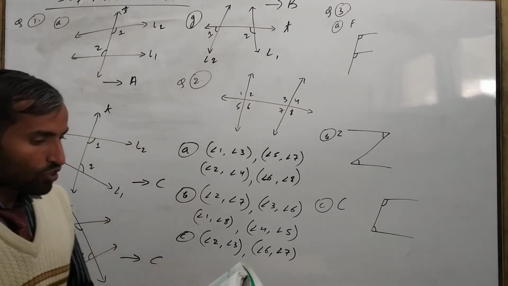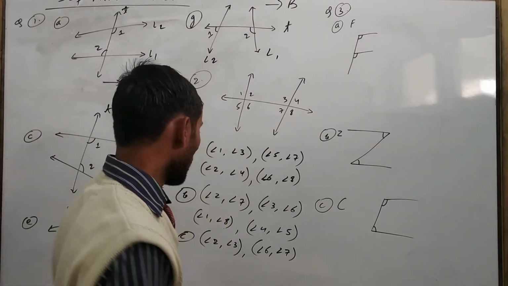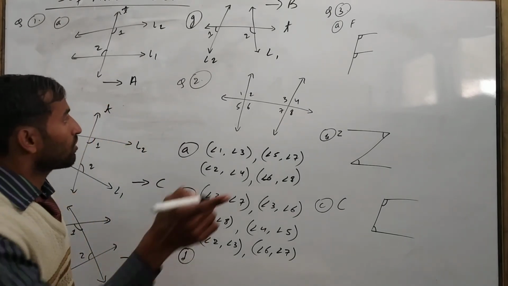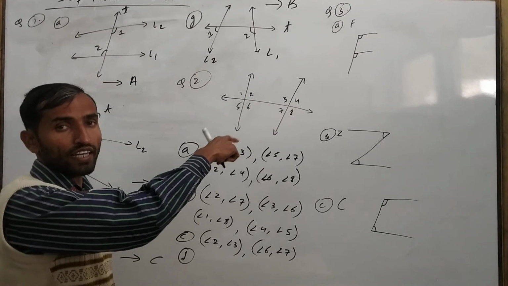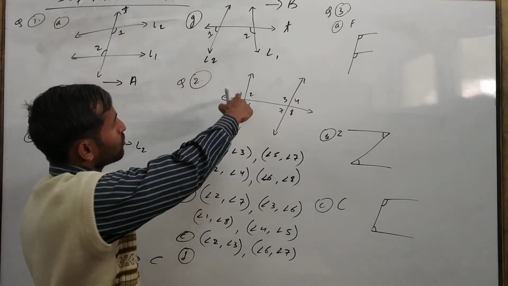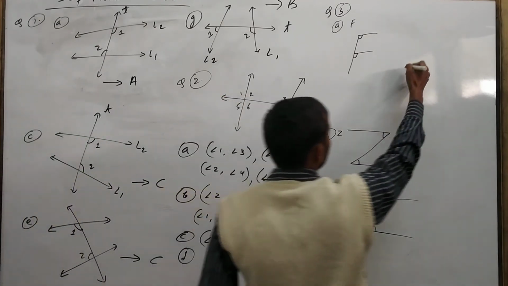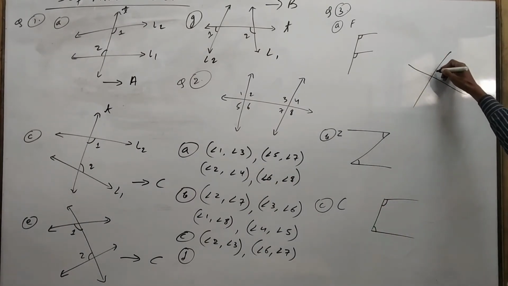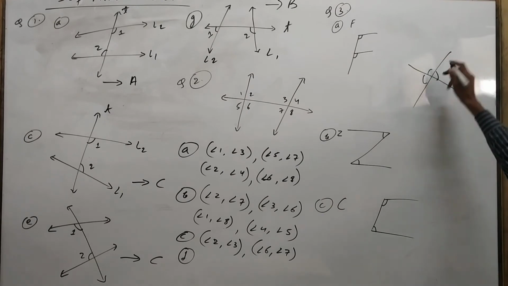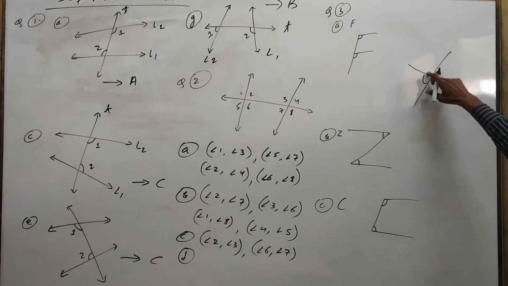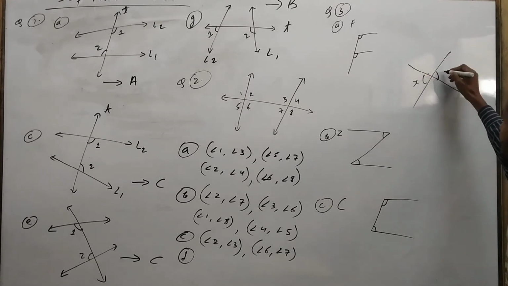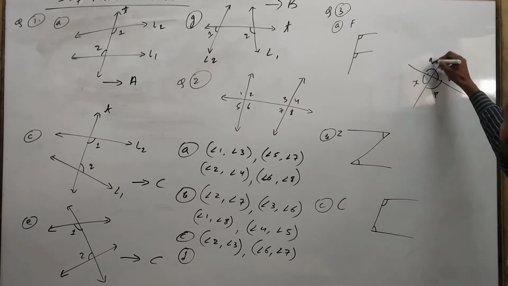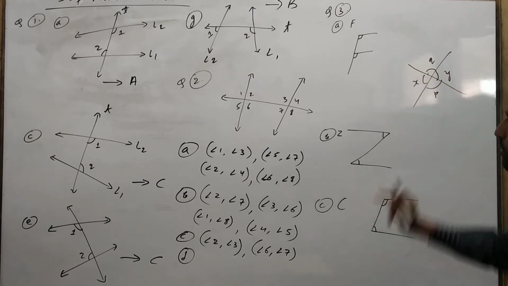Okay. Now we have to write down vertically opposite angles in the D part. Vertically opposite angles already came in the previous exercise. If two lines intersect, they will form two pairs of vertically opposite angles, for example angle x and angle y, or P and Q. So these are vertically opposite angles.